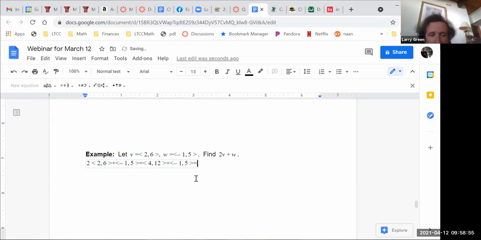And then if you want to add 2 vectors, we just add the components. 4 plus -1 is 3. And then 5 plus 12 is 17. And that's it. There's not much to it. I don't think I need to spend a lot of time on it. Hopefully you agree that that's all there is to it.